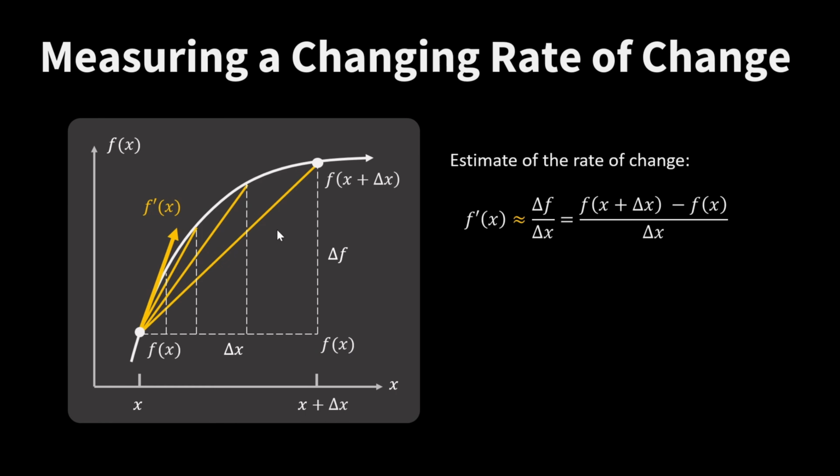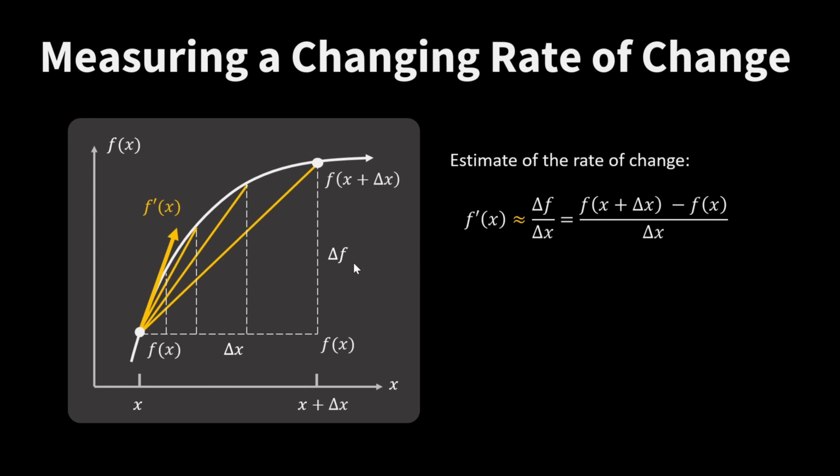But now we look at the general case. This time we have f of x along the y-axis and x along the x-axis, but this of course doesn't matter. What we want is to compute the rate of change of f of x at position x. As before, we choose an interval delta x. Then we want to measure how much f changes during this interval delta x, which we call delta f.